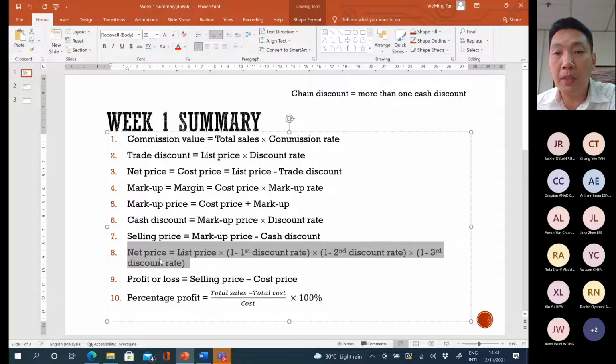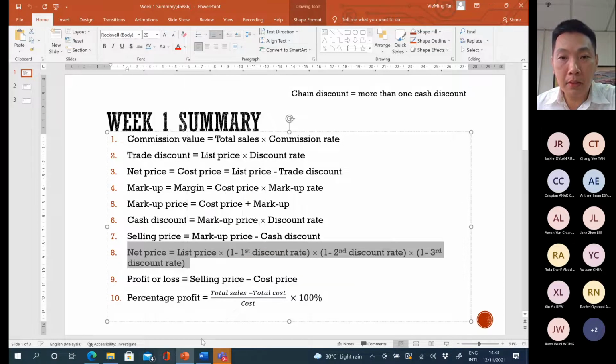So we should use this formula to solve the problem. The steps involved are: first, analyze the question and check which variable you want to find out. Second, go to this summary table and check which formula you want to use. So we choose this formula, and I copy this formula.